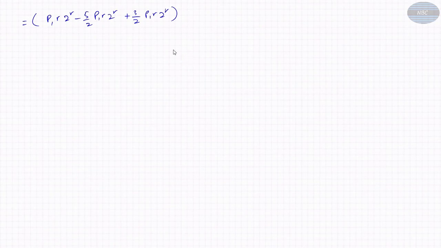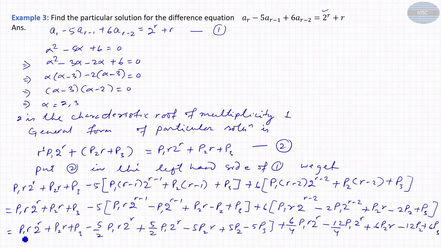Okay, so in this case, all the p1 r 2 to the power r terms are written at one place. Similarly, you can write the p1 2 to the power r terms at one place.